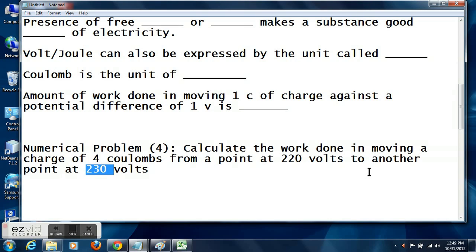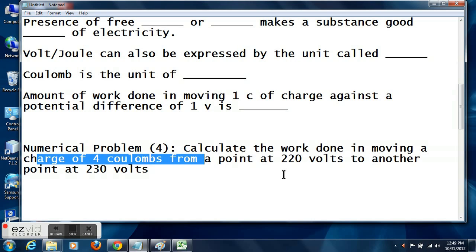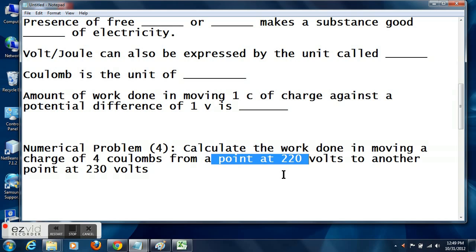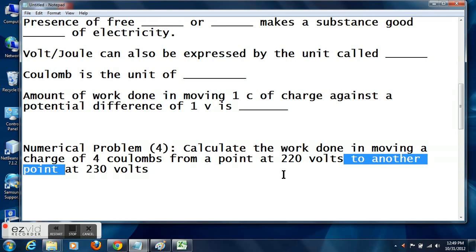So let me read again. Calculate the work done in moving a charge of 4 coulombs from a point at 220 volts to another point at 230 volts.